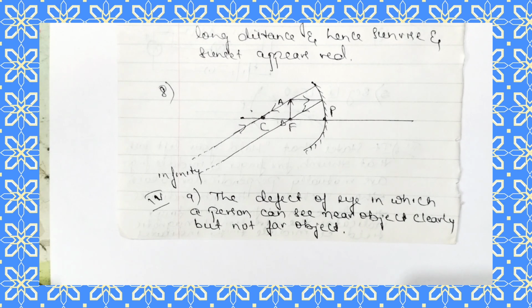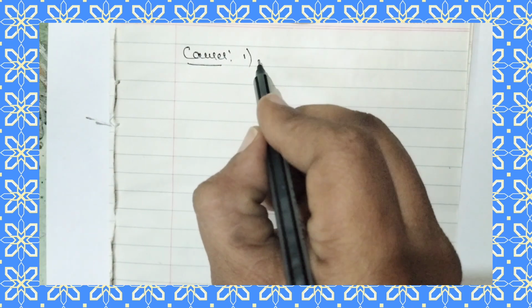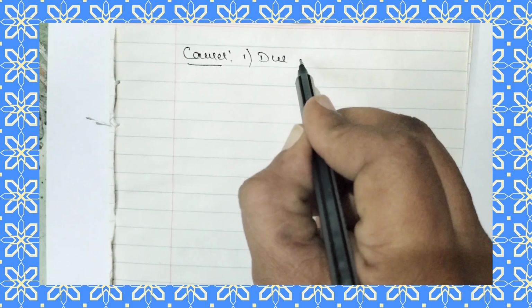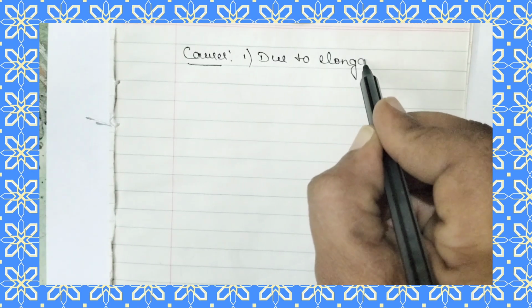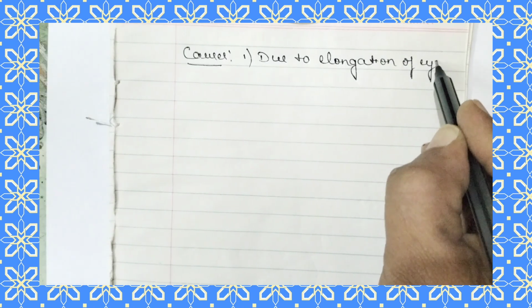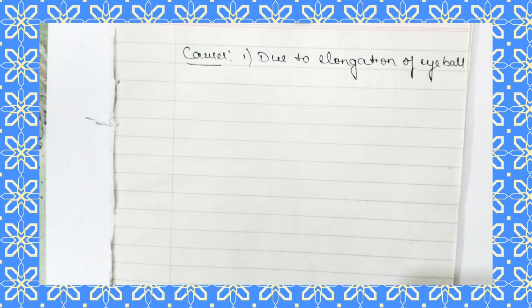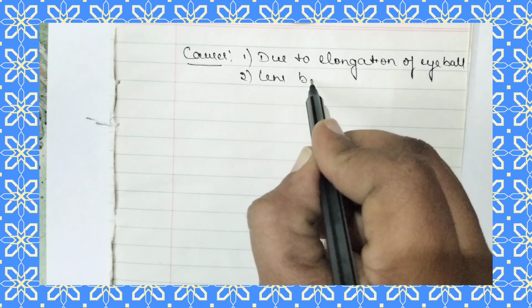Now let us see what the causes are and how to correct it. What are the causes for myopia? The first one is due to elongation of the eyeball. The second one is that the lens becomes thick.